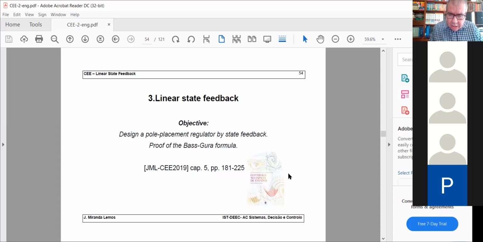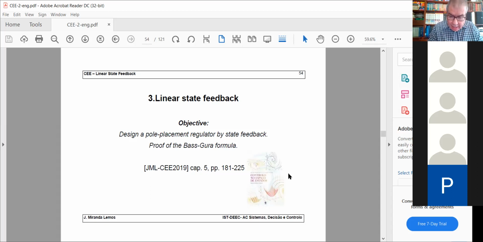So pole zero cancellation implies either loss of controllability or loss of observability or loss of both. Okay, you don't know which one will happen. Now, this is an important structural property. Now let's speak about linear state feedback.